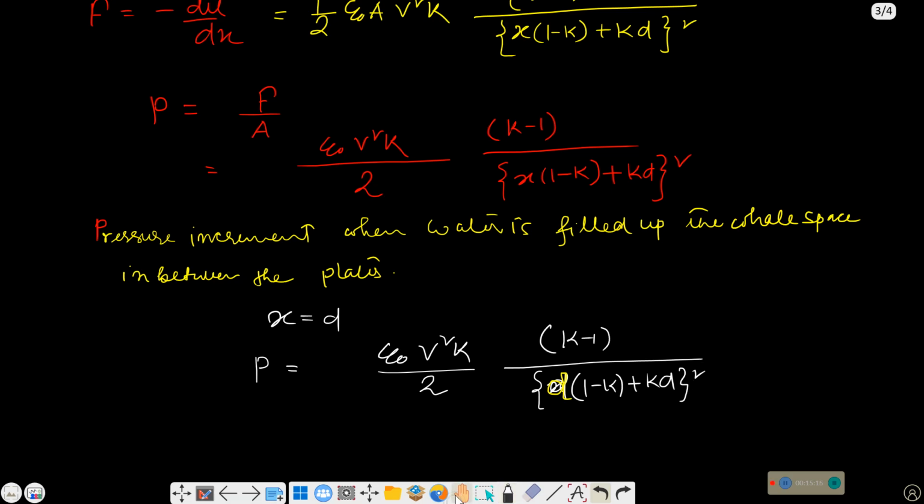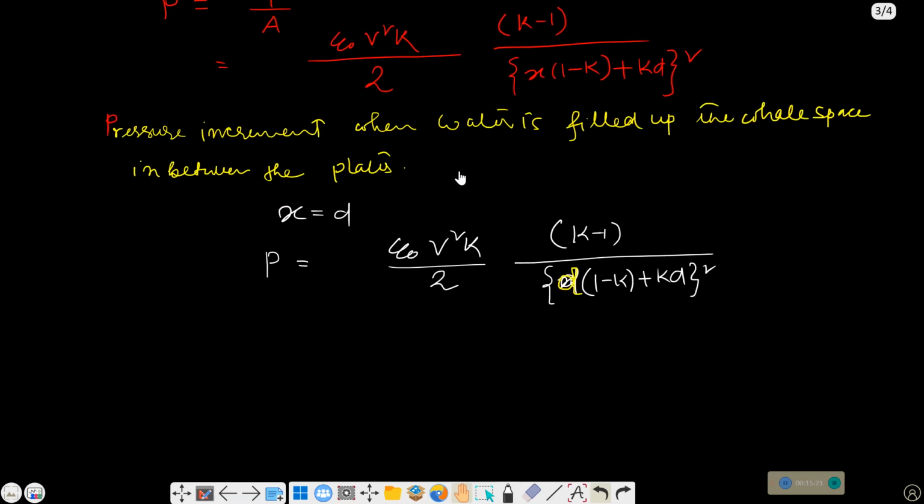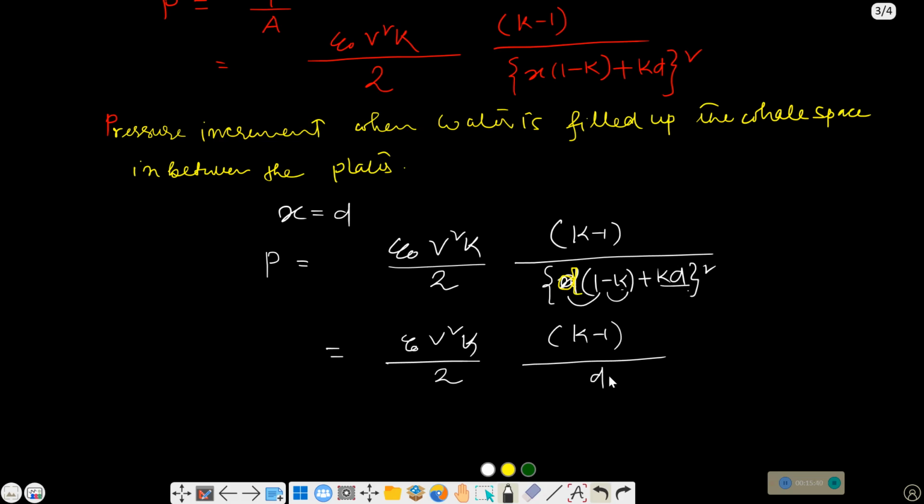So this will come out to be epsilon naught V square k by 2, k minus 1, d minus dk plus dk. So dk minus dk plus dk will get cancelled, and you will be left with only d square.